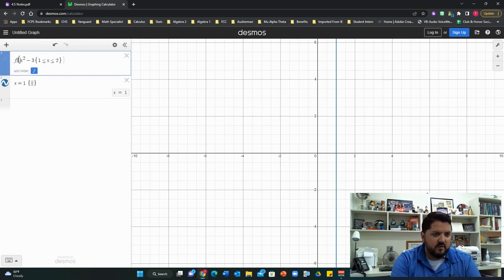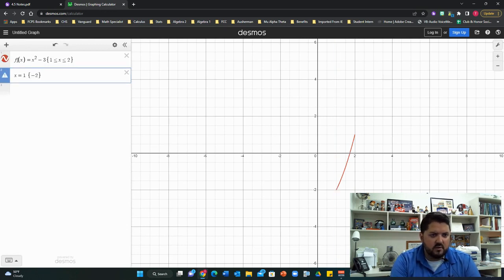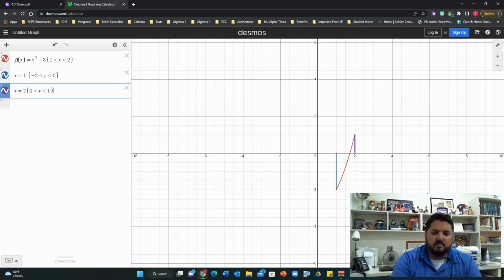We're going to say x equals 1, from y equals -2 to 0, and then x equals 2 from 0 to 1, just to paint the full picture of this graph.